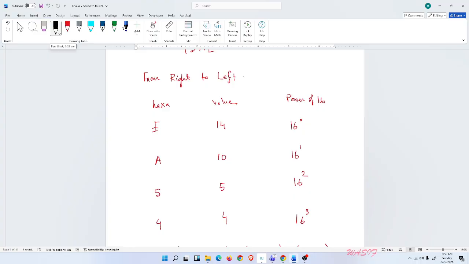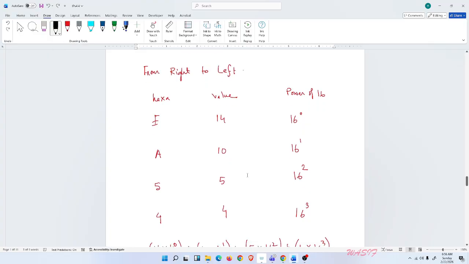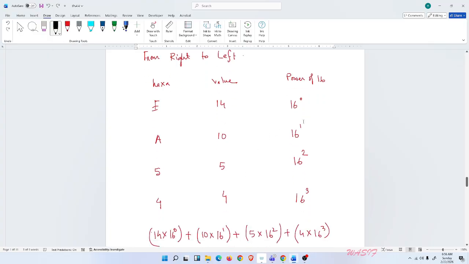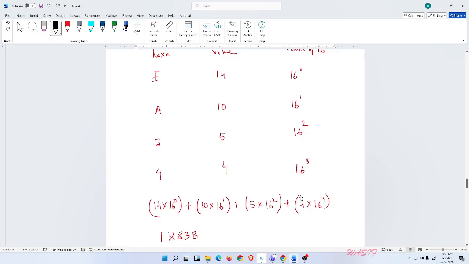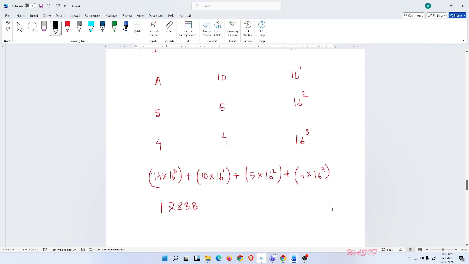Now you need to start with the power of 16. 16 to the power 0, 16 to the power 1, 16 to the power 2, 16 to the power 3. So write them sequentially. After that you multiply 14 with 16 to the power 0, 10 into 16 to the power 1, 5 into 16 to the power 2, 4 into 16 to the power 3.